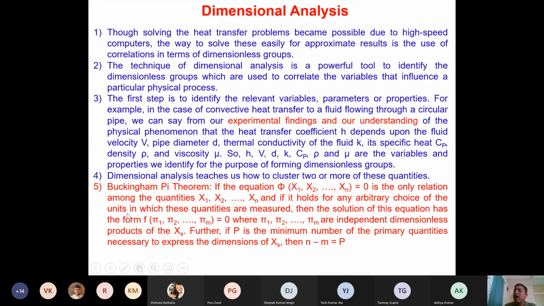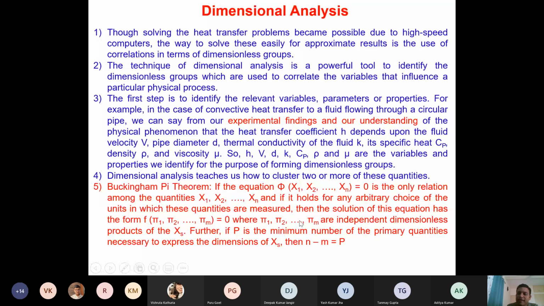What it means is that this particular relation is valid in all types of units. It is not that if you change from SI units to some MKS units, your relation is going to change, isn't it? It's not. Whatever equation you are writing will be valid irrespective of what type of units you are looking at. Okay.